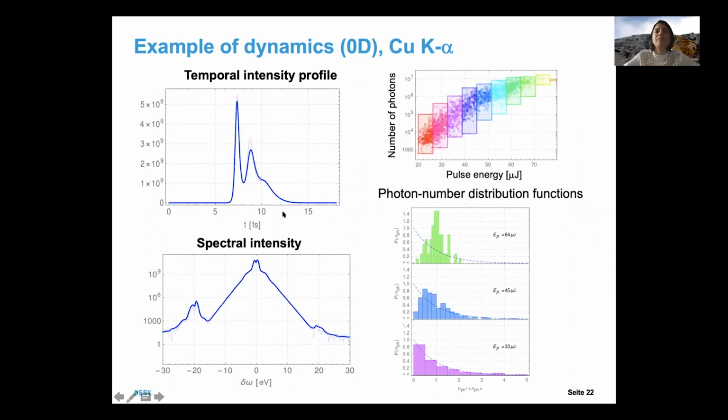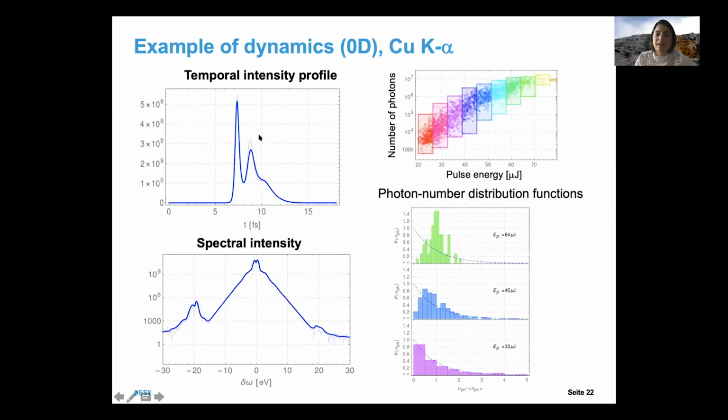And I would just like to mention that this kind of trajectory approach is very appealing because if we have the stochastic trajectories, we can calculate higher order correlation functions of the emitted fields and distribution functions of the field properties that we can directly compare to the experiment.